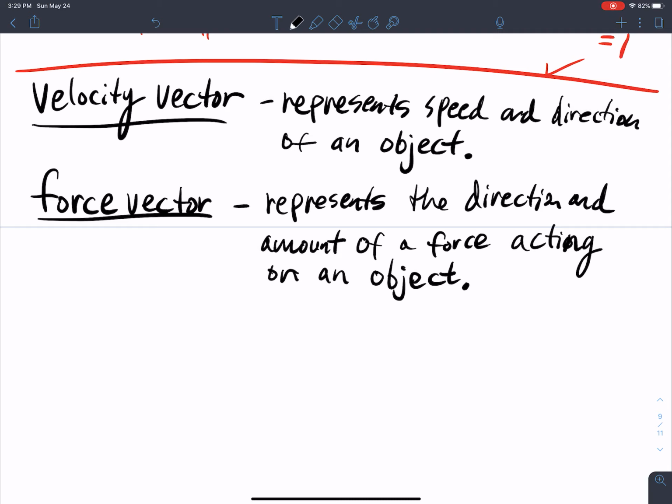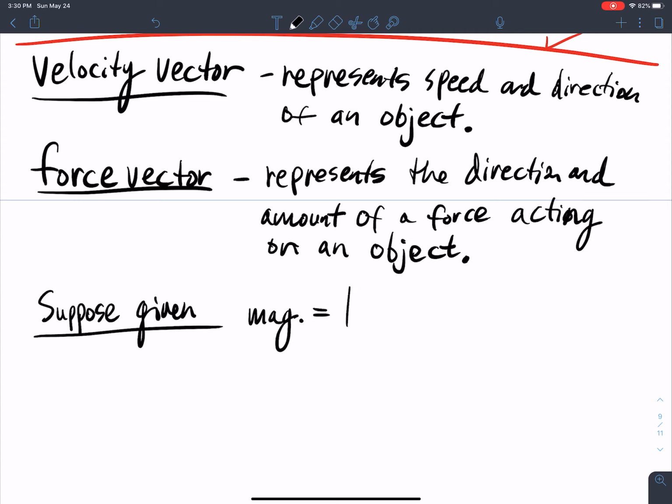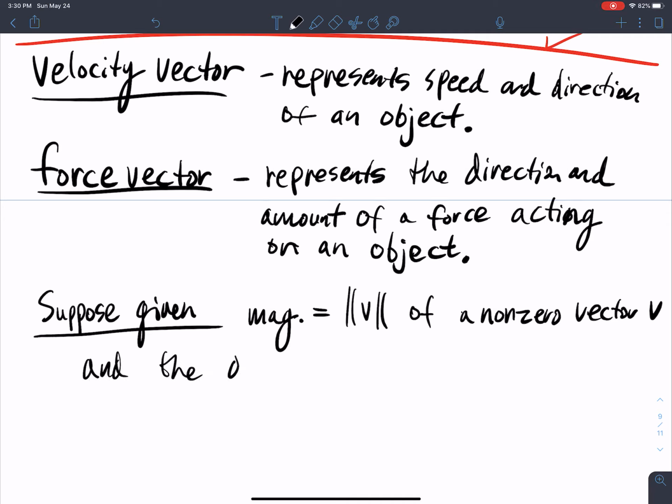So suppose that we are given a magnitude equal to v naught of a non-zero vector v and the direction angle alpha. So alpha is going to be something between 0 and 360. Okay?